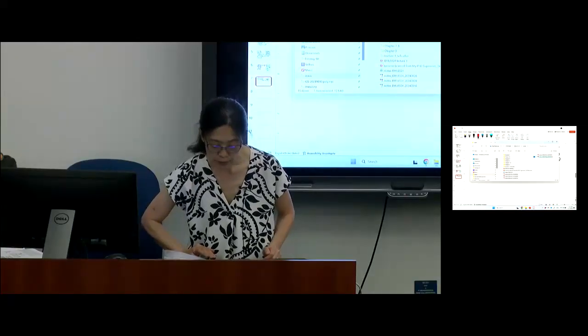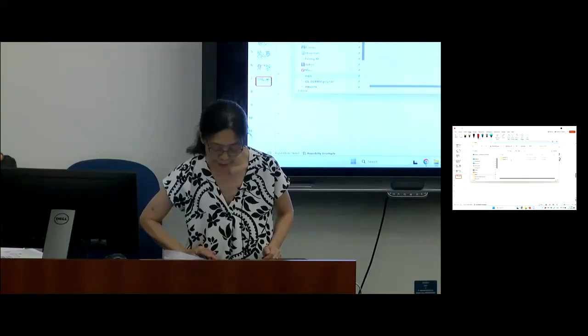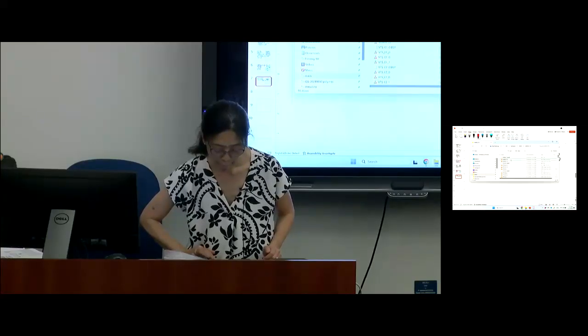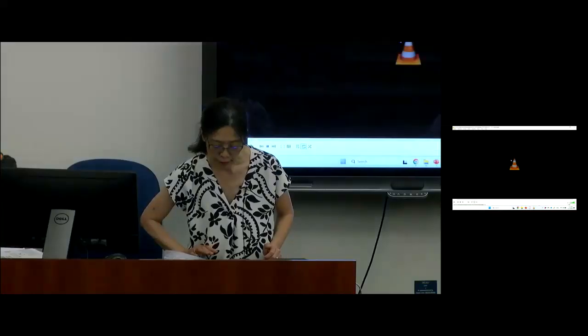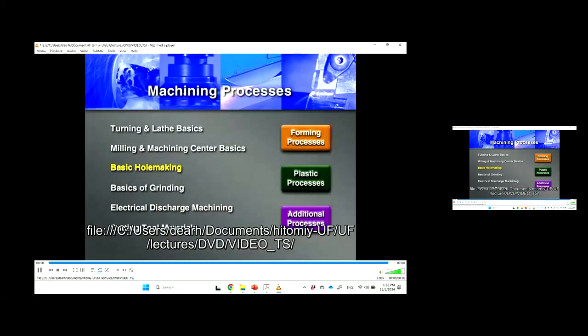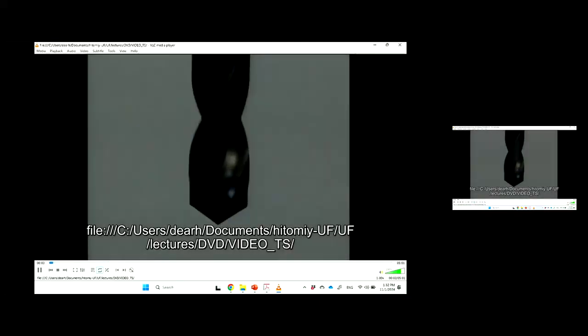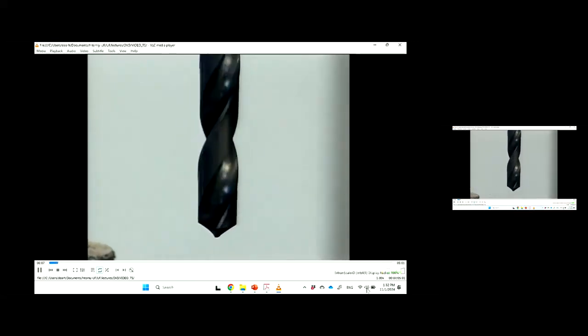So, the video. Okay, so basic hole making. A drill is a round end cutting tool with one or more cutting edges and one or more straight or helical flutes.